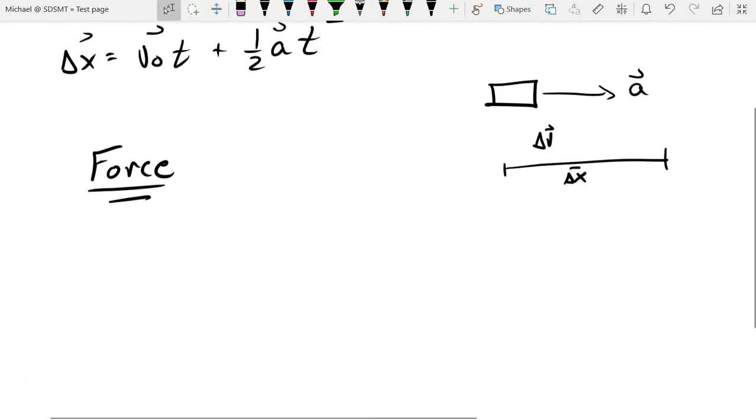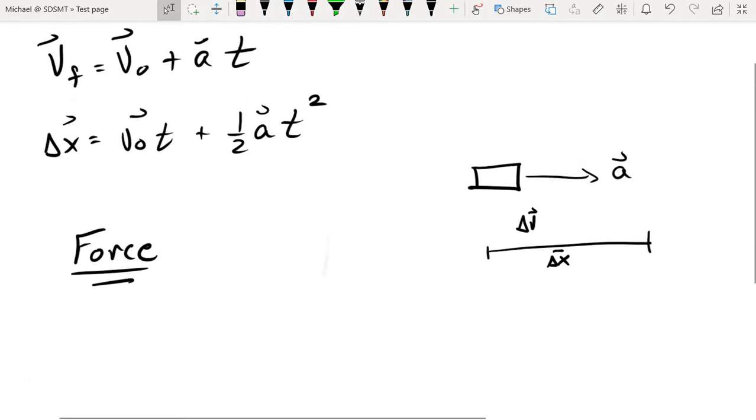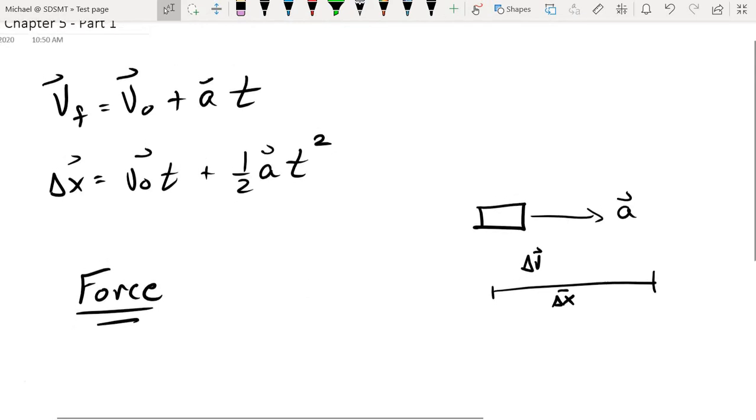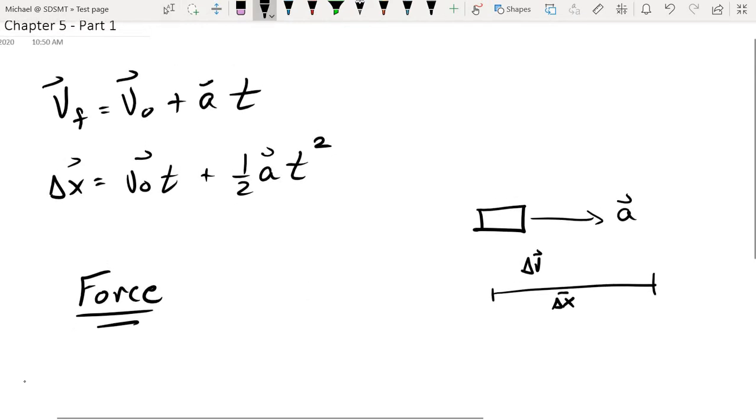And force relates directly to another term which we have not yet seen in any of our problems, whether they're homework problems or quiz problems. And that missing term is the mass of the object.